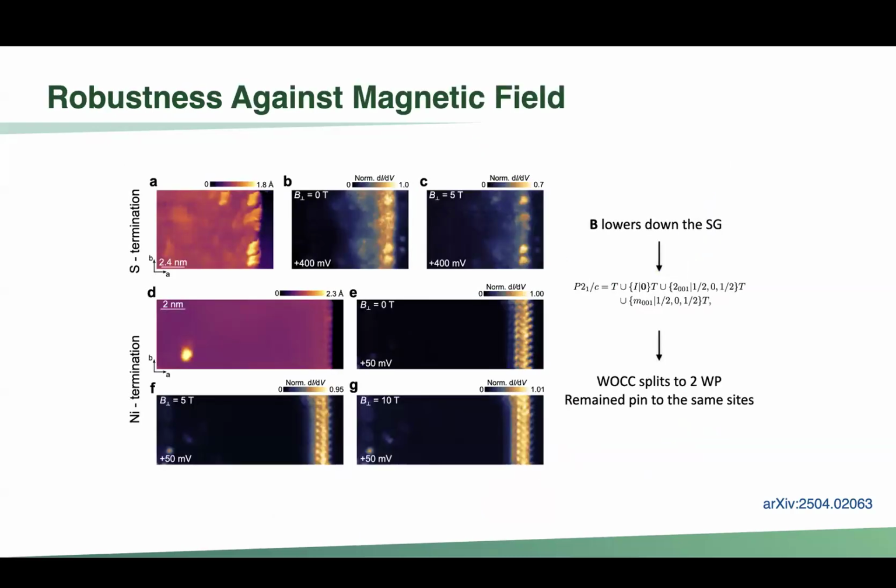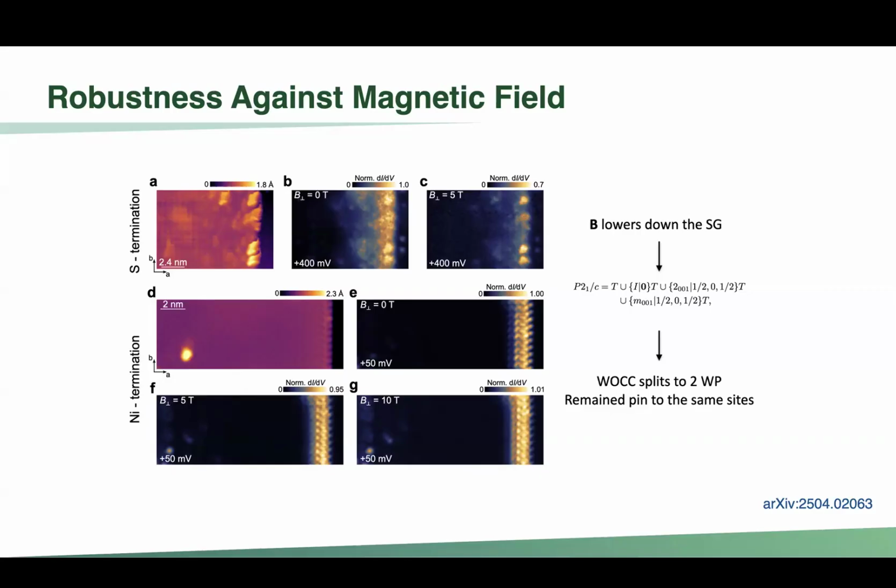So this actually can reproduce what the STM experimentalists saw in this experiment, that for the termination of nickel, they see some contribution at the step edge, no contribution at the surface. And what they also observed is that these step edges were actually very robust in the presence of a magnetic field.